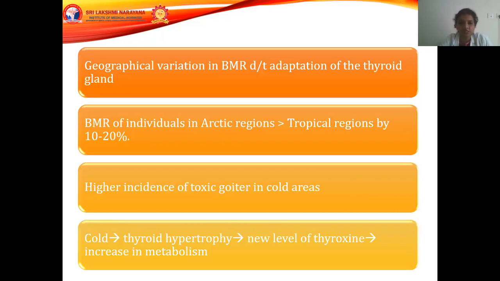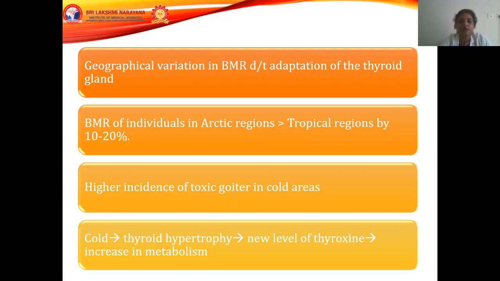If you see, thyroid hormone has its own regulation also. That's why the basal metabolic rate is so dependent on the region where we stay and also the activity of the individual. For example, in individuals who stay in very cold regions, the BMR is usually higher because the heat production has to be higher in order to maintain the core body temperature. There is a higher incidence of goiter in cold areas.